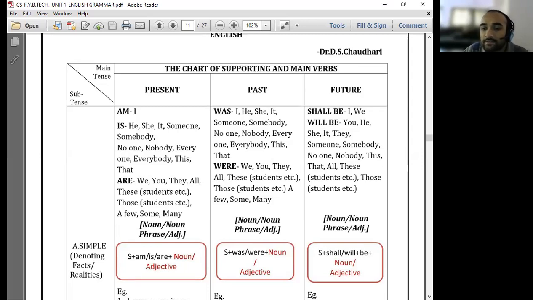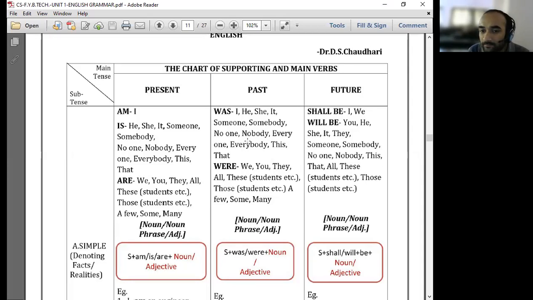So these are the singular subjects. For example, nobody was there in the classroom when I entered the classroom. क्लासरूम मध्ये कुणीही नव्हतं जेव्हा मी क्लासरूम मध्ये एंटर झालो किंवा प्रवेश केला.